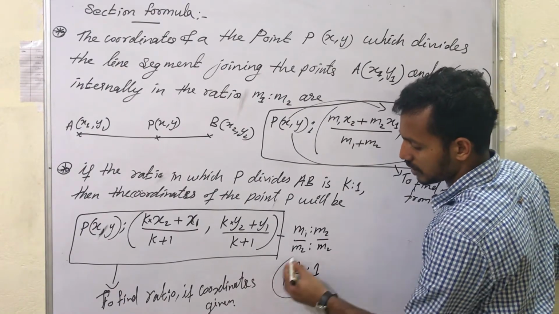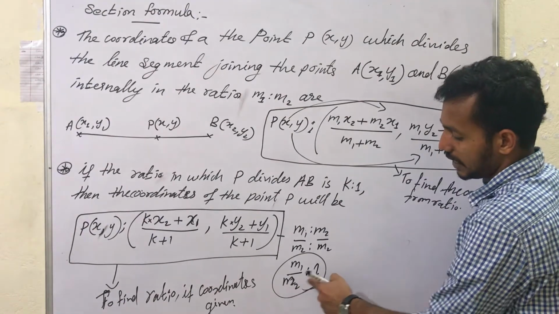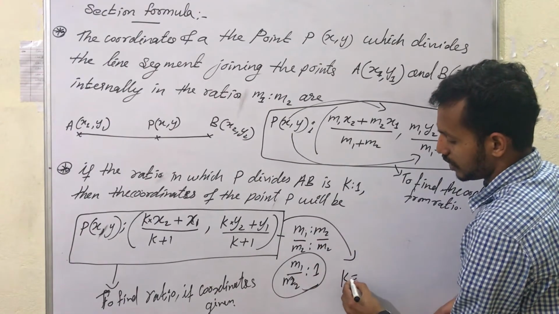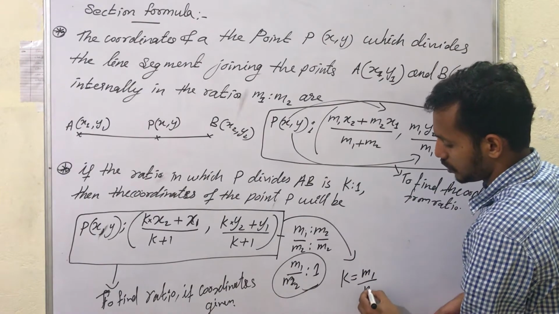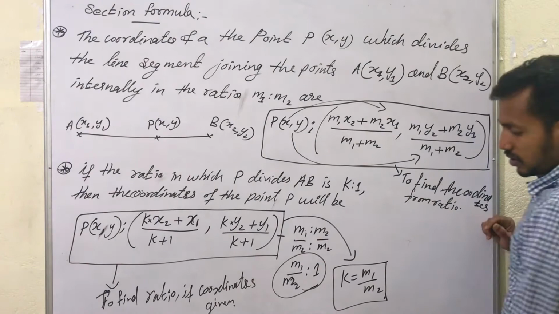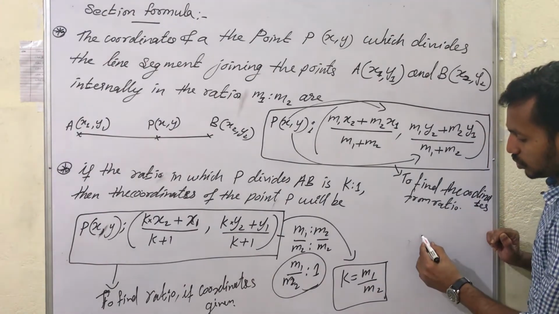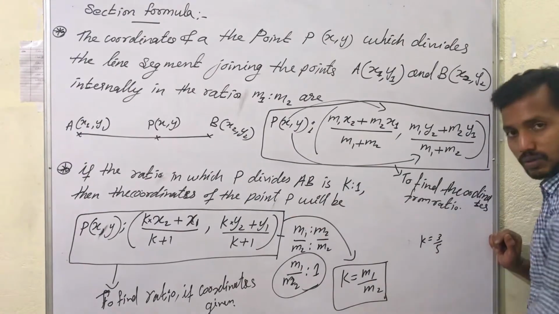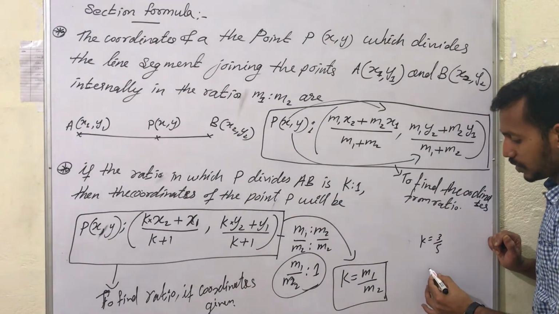So we are assigning this as k is to 1, so k will be m1 by m2. Okay, so suppose you are getting k is equal to 3 by 5 after solving this question, then the ratio will be 3 is to 5.